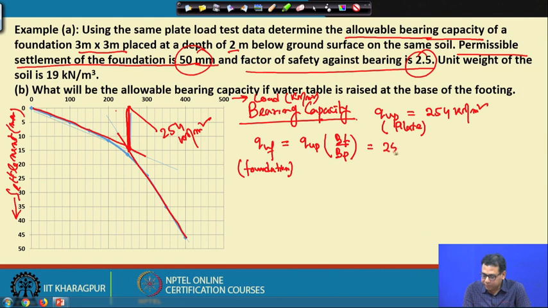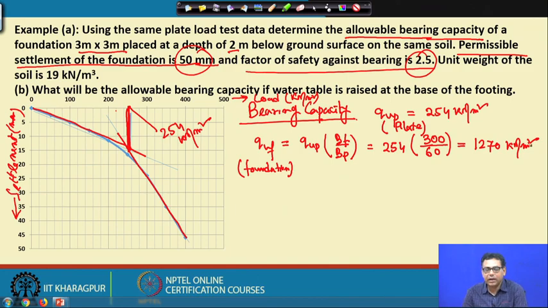So, 254, so footing is 3 meter divided by 60 millimeter. This is 3 meter and this is 60 millimeter. So, 300 millimeter by 60. So, this value is 1270 kilonewton per meter square. So, remember that this is the ultimate load of the foundation.